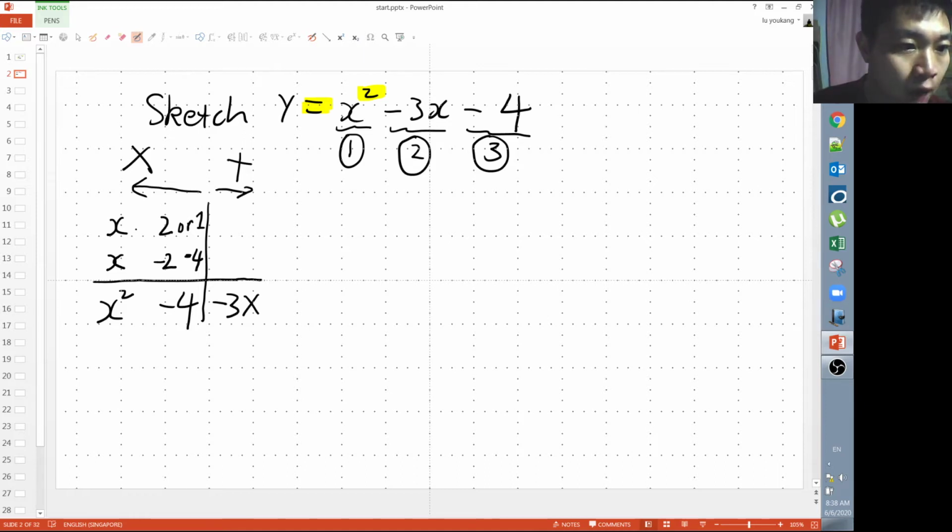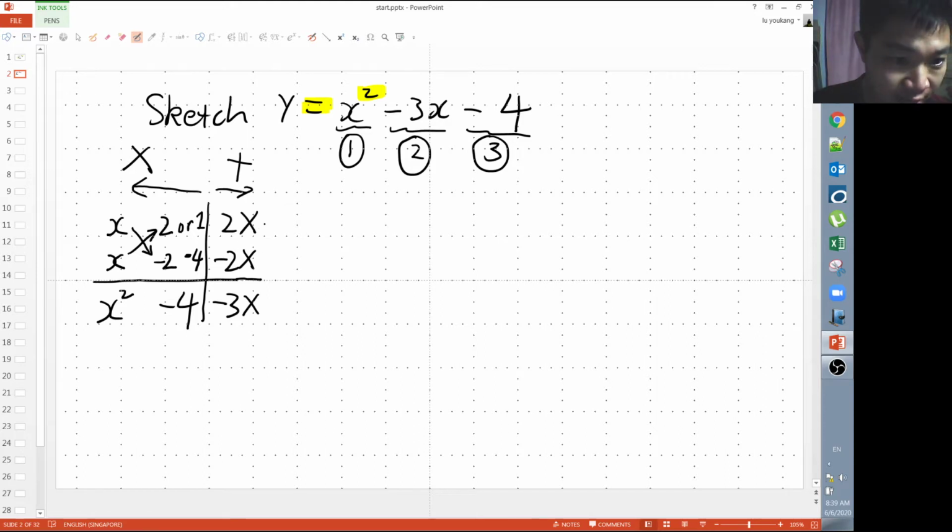Now you need to do a cross multiply. So when you do a cross multiply, x times minus 2 is minus 2x, and x times 2 here is 2x. And you can see if you add this 2x and minus 2x together, you're supposed to get 0x, which is not what you want, right?